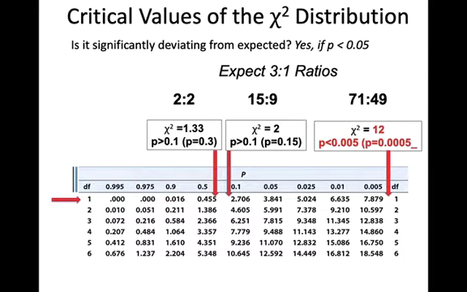Okay, so in this particular case, we did those 3 chi-square calculations. The first one was 1.33. The second one was about 2, I think exactly 2, and then the last one was about 12. Now, there are 2 ways you can do this. The way that I've done it here is I've provided estimates.